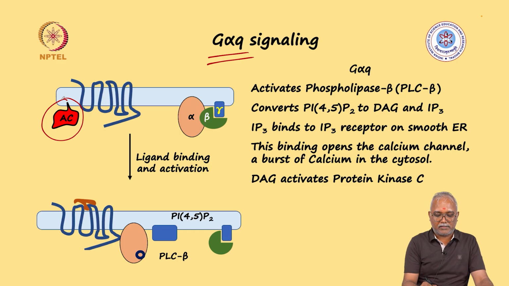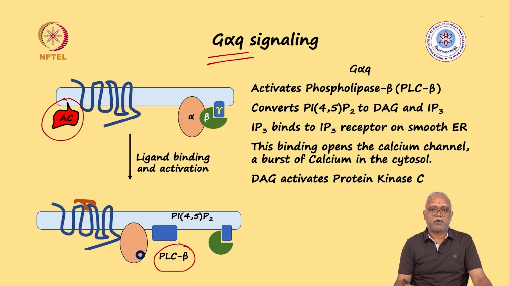Rather, it is about the activation of another molecule called PLC beta. If you remember, we had discussed in the context of receptor tyrosine kinases, where we saw phospholipase C gamma was working, binding to the receptor and breaking down PIP2. So the function of the PLC remains the same, the isoform changes here.